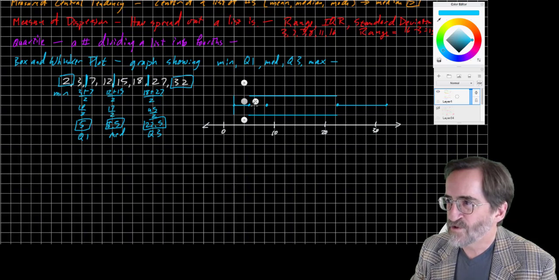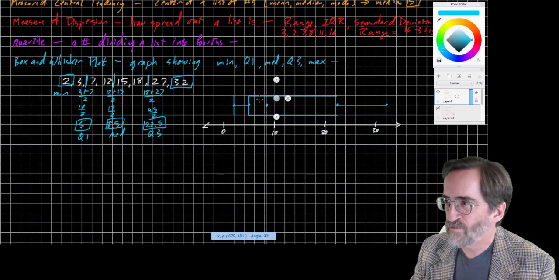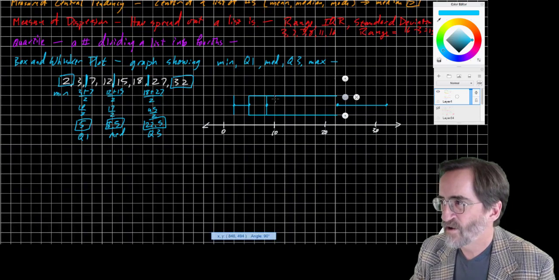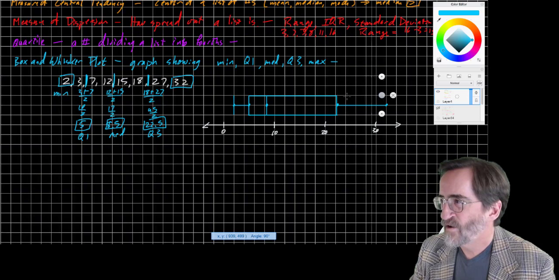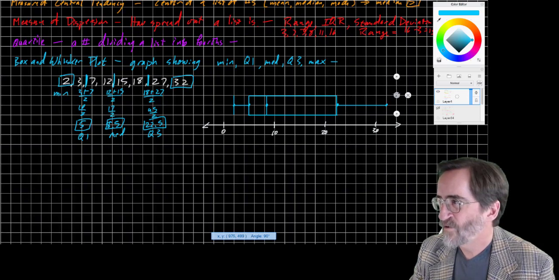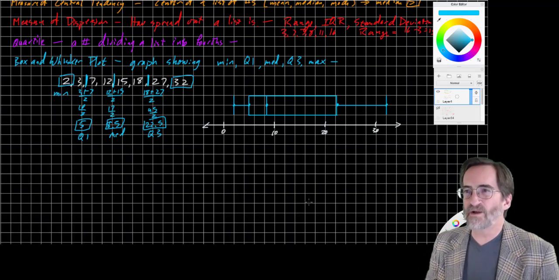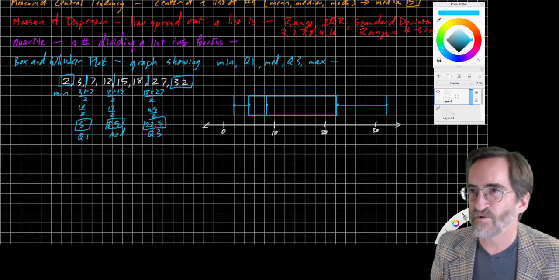So the outside parts are the whiskers, and the middle part's called the box. Box and whisker plot, quartile 1, quartile 3, so we have our examples for those.